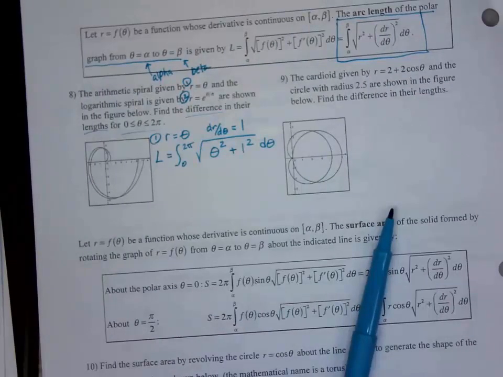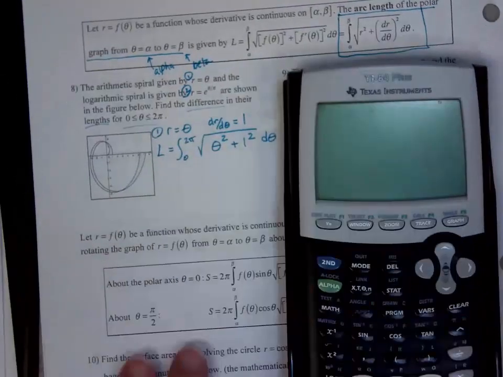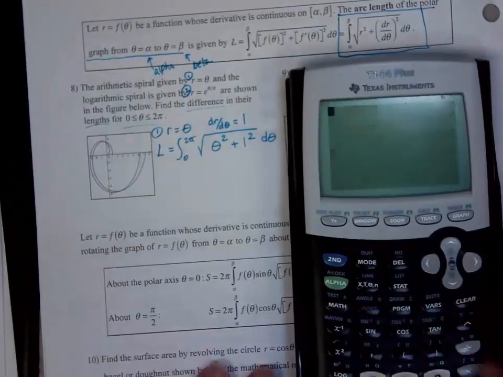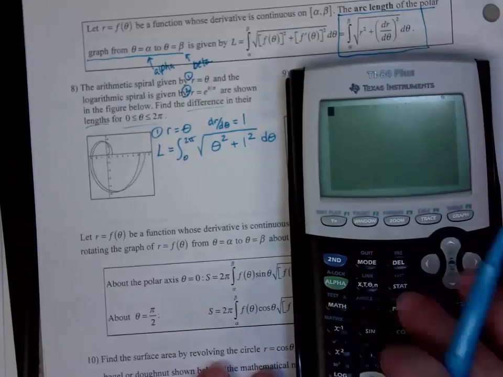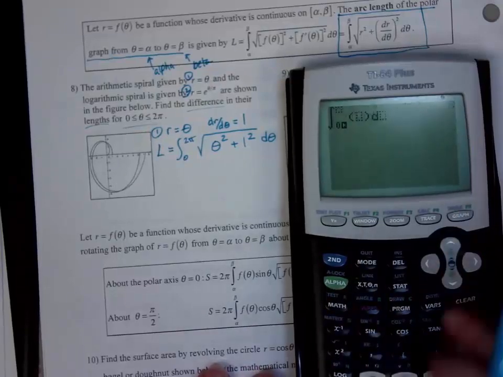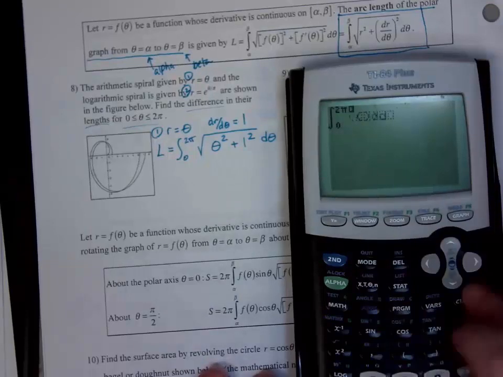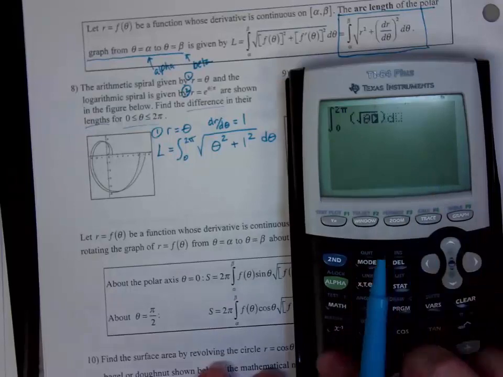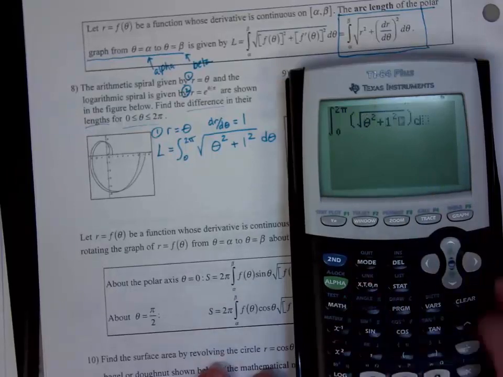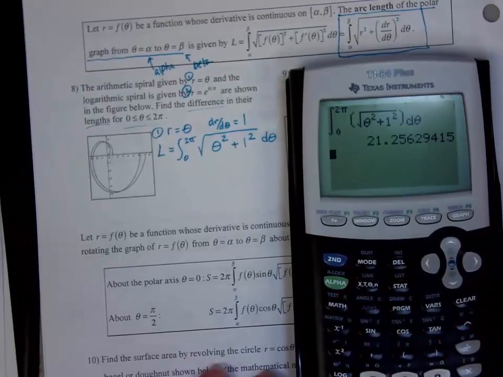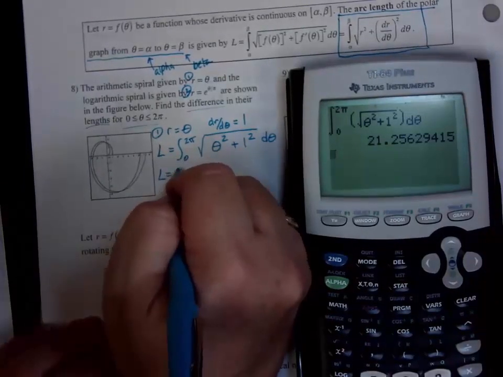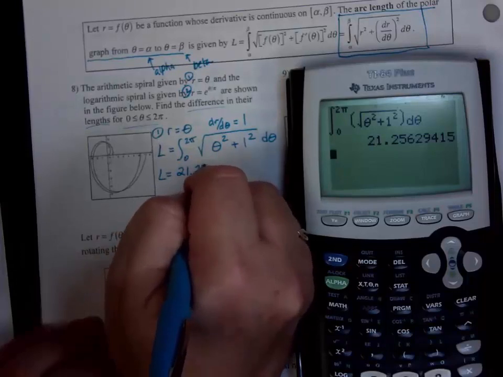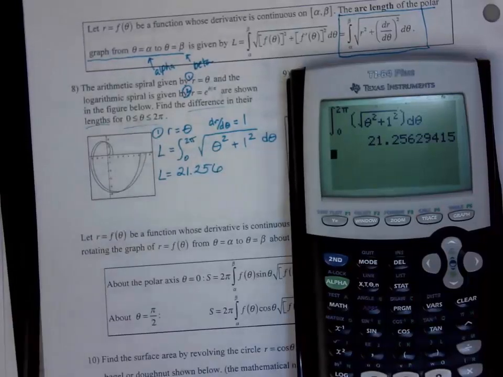So type that in the calculator and see what you get. Now there's no 1/2 in front of these. These are just straight integrals, 0 to 2 pi. Make sure you put your square root in, because I keep forgetting. Theta squared plus 1 squared d theta. And I get L equals 21.256 for the standard arithmetic spiral.